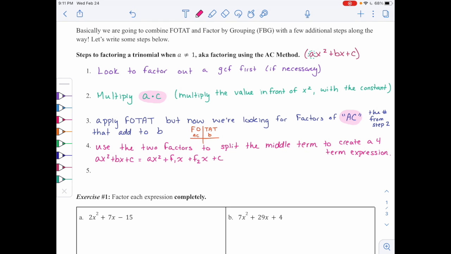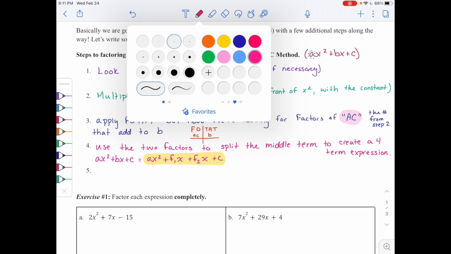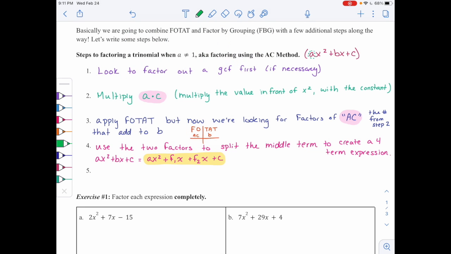And I think this will make a lot more sense with an example. But basically, this is what we want to have. Because once we have 4 terms, we can use factor by grouping. So step 5 is apply factor by grouping to the 4-term expression, which we're solid at. We know how to factor by grouping.